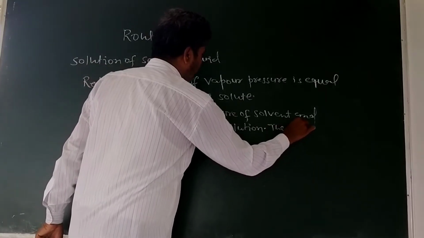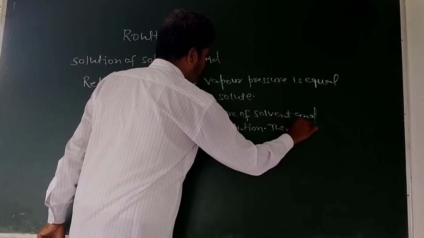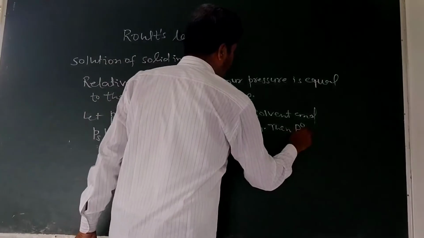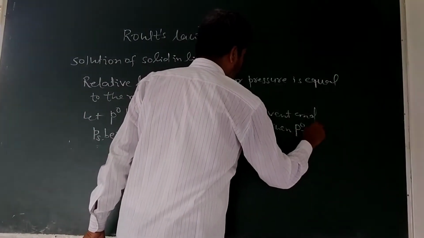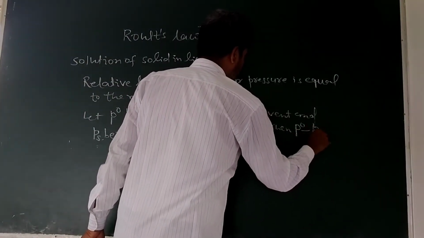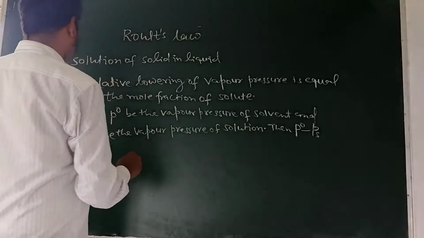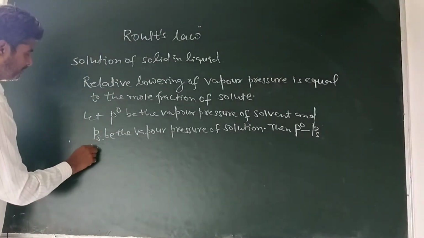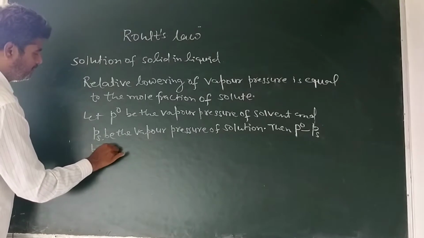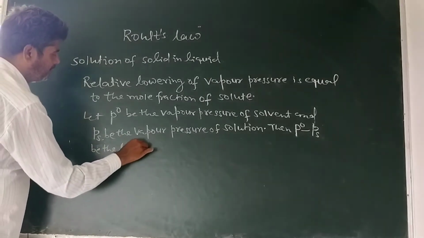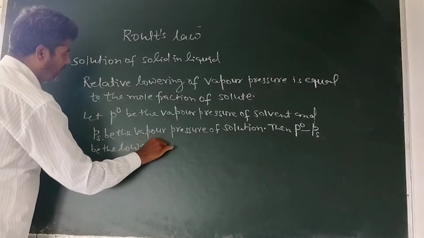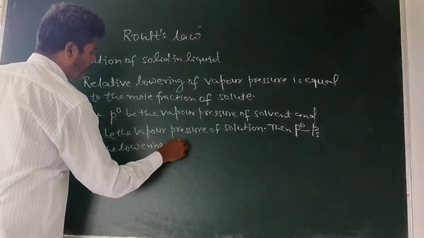Then P naught, that is P standard, minus Ps would be the lowering of vapor pressure.